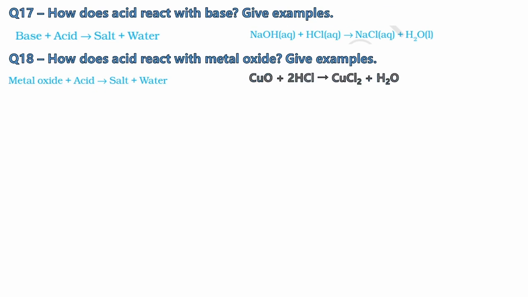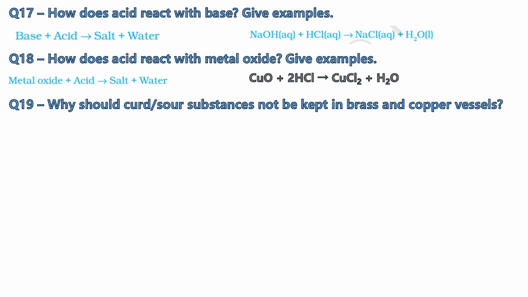For example, if you take copper oxide and make it react with hydrochloric acid, you will get copper chloride and water. So remember always, acid plus metal gives you hydrogen, acid plus metal carbonate gives you carbon dioxide, acid plus metal oxide gives you water. Remember that.